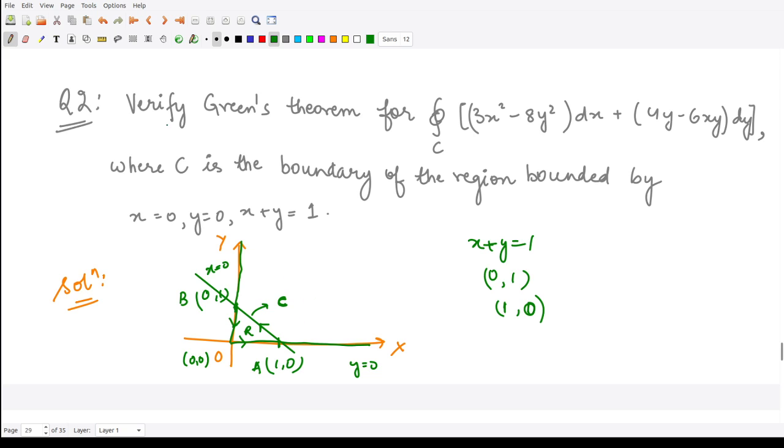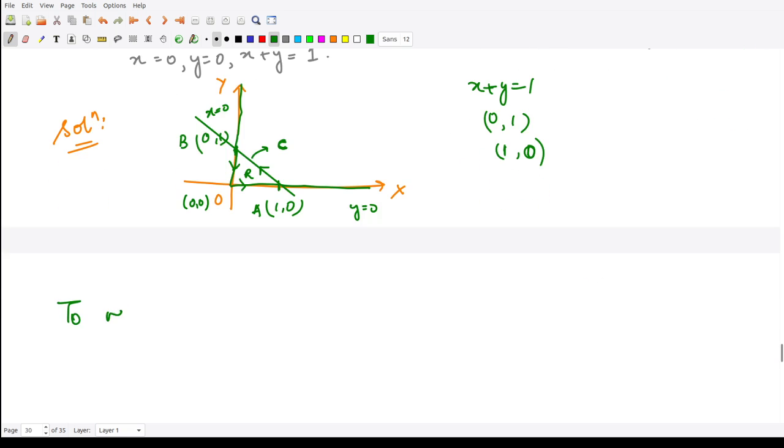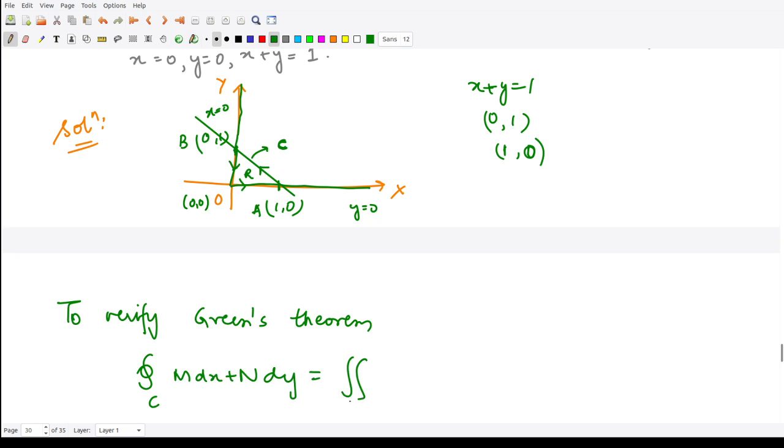Now, because in this question we are to verify Green's theorem, that means we are to first calculate this integral and show that the line integral over C of M dx plus N dy is equal to the double integral of (∂N/∂x − ∂M/∂y) dx dy.